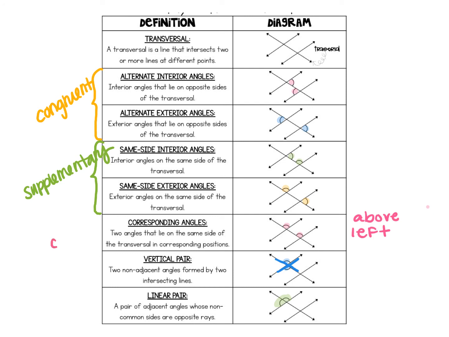Corresponding angles are congruent. Same position, same measure. Vertical angles are congruent. And linear pairs are supplementary.